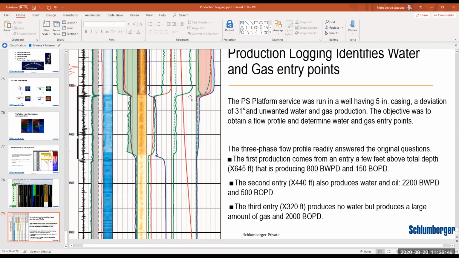So for this particular interpretation, what was found out is that my top interval is producing mostly hydrocarbon. If you can see, the percentage of water remains the same starting from the very bottom and the bottom perforation.